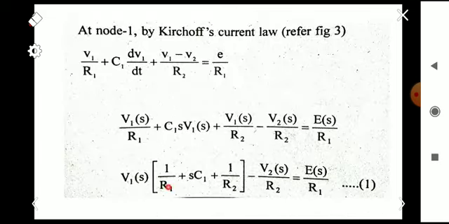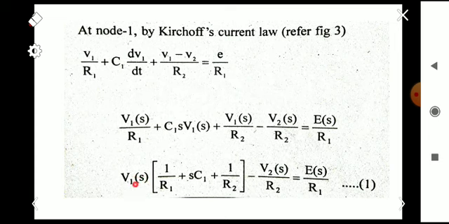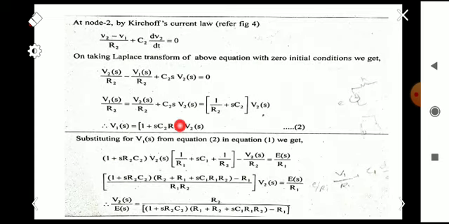As I said earlier, the variable here is V1, so we have to replace V1 in terms of V2 and E. Here V1 is equal to (1 plus sC2R2) into V2, so instead of V1 we substitute this value, and the remaining terms stay. Then we rearrange the terms and take V2 of s outside.